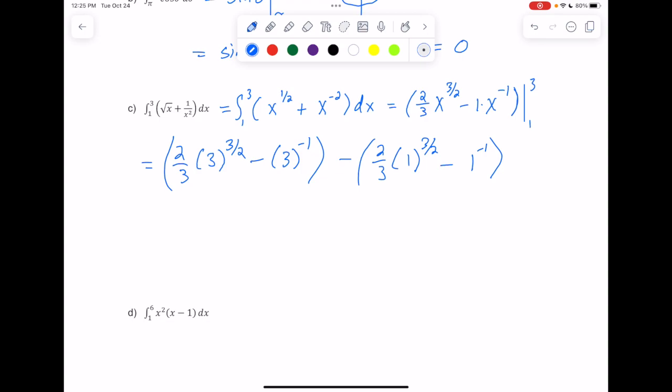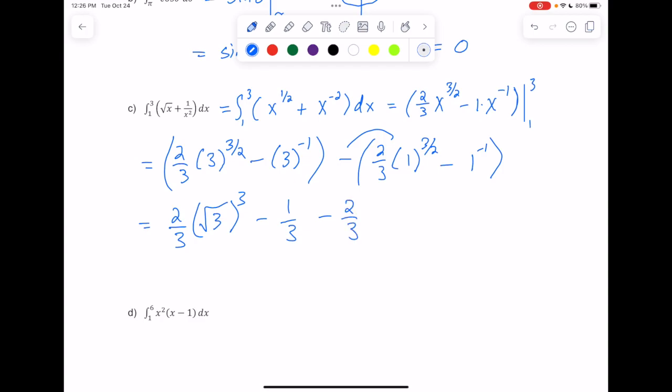All right, so doing a little bit of simplifying here. This is 2/3 times the square root of 3 raised to the third power, minus 1/3, because 3 to the -1 is 1/3. Taking this part right here, 1 to the 3/2 is still 1. 1 times 2/3 is 2/3, so that becomes a minus 2/3.